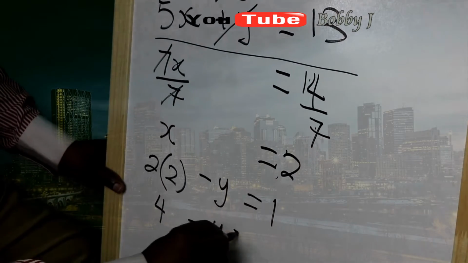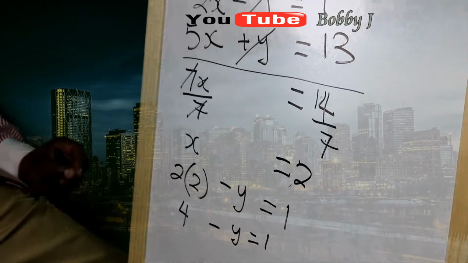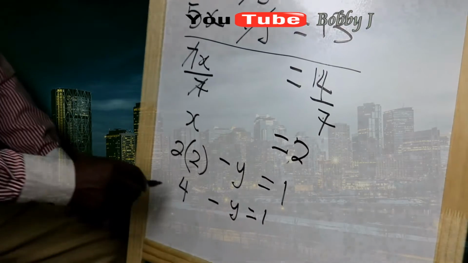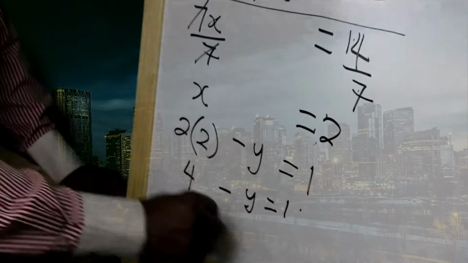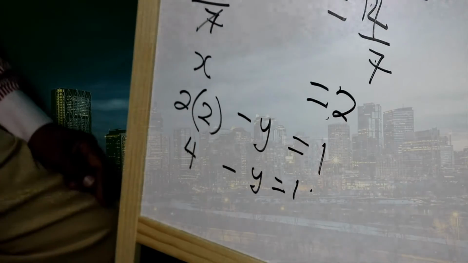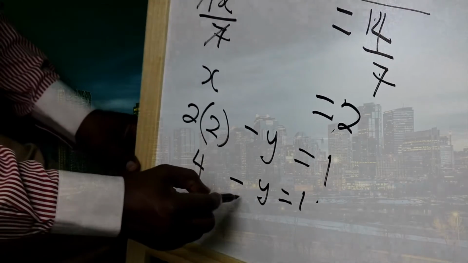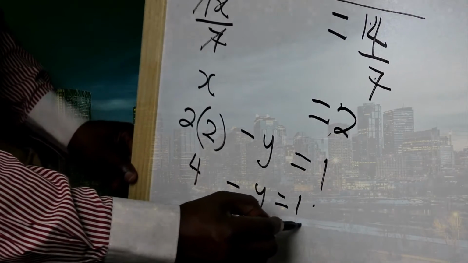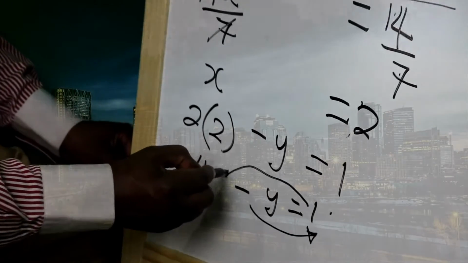Minus y equals 1. What we do now is we move this to this side. We can move this here and then bring this number here, okay? We want y to be positive. So let's move this to this side, and then bring this to this side.